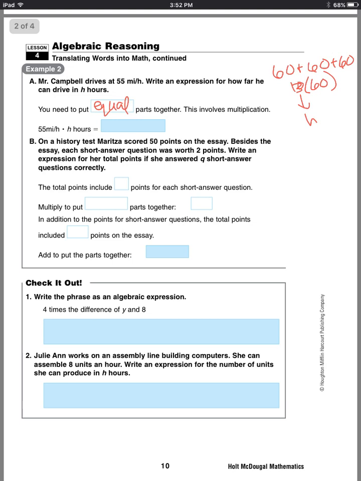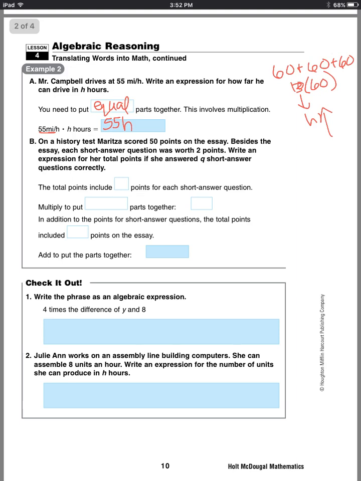So if I know that h is my hours and 55 miles per hour is how fast I went, just like we did over here, I can multiply h by 55 to get my answer. Now whenever we do that, we always want to put the variable on the end. Then that tells me I can put any number in for hours, multiply it by how fast I went, and I'd get how far I can drive.